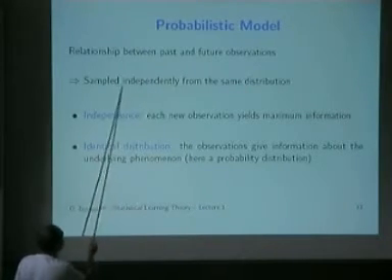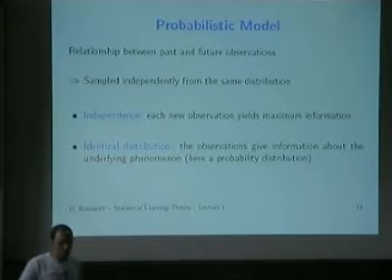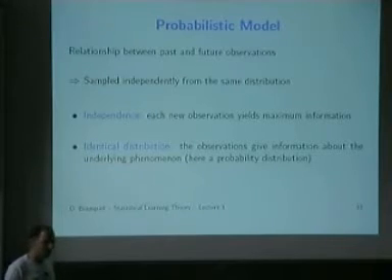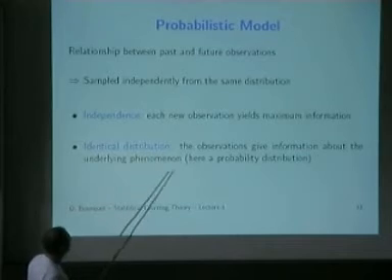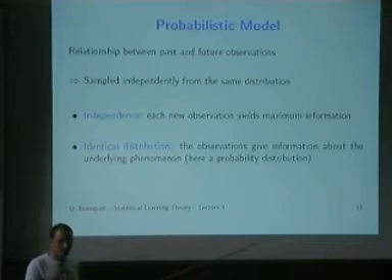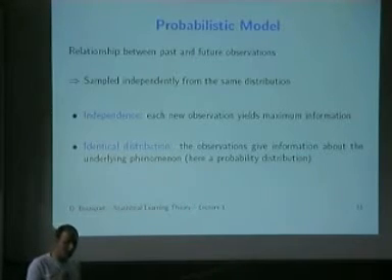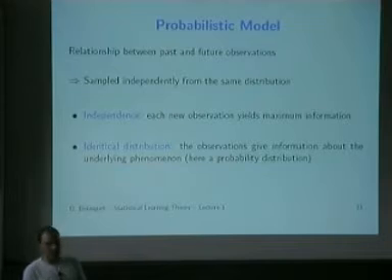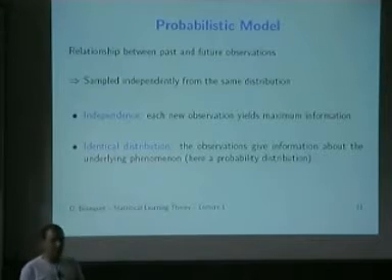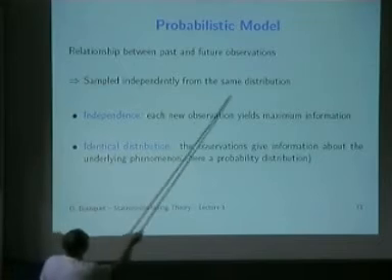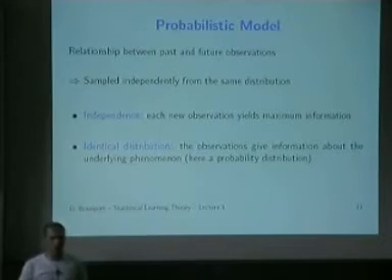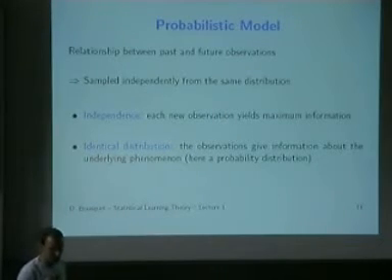We have independent observations. It's not the case for the weather, but we will make this assumption anyway, that we get data that is independent from each other. So the next data that will come does not depend on the previous data that we have observed, but they come from the same distribution, and that's where the stationarity comes in.